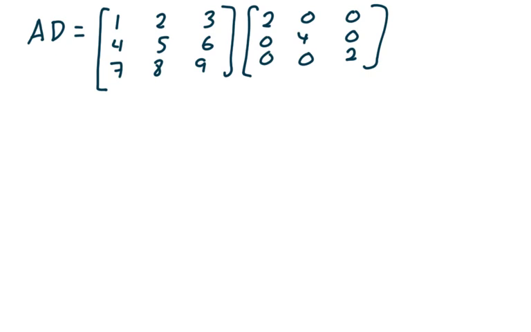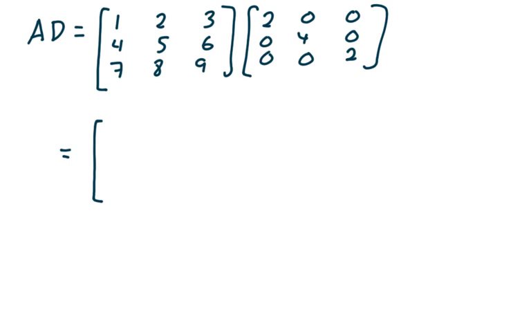Now, what do we do there? I want the entry in the first row, first column of AD.